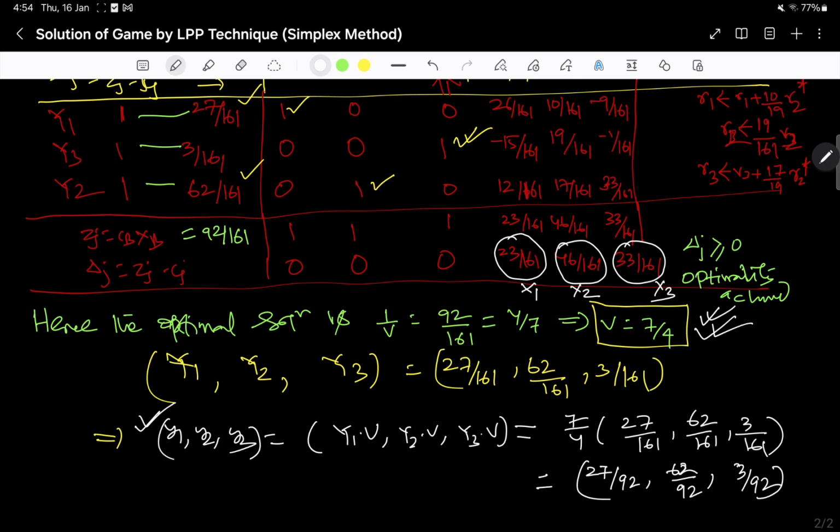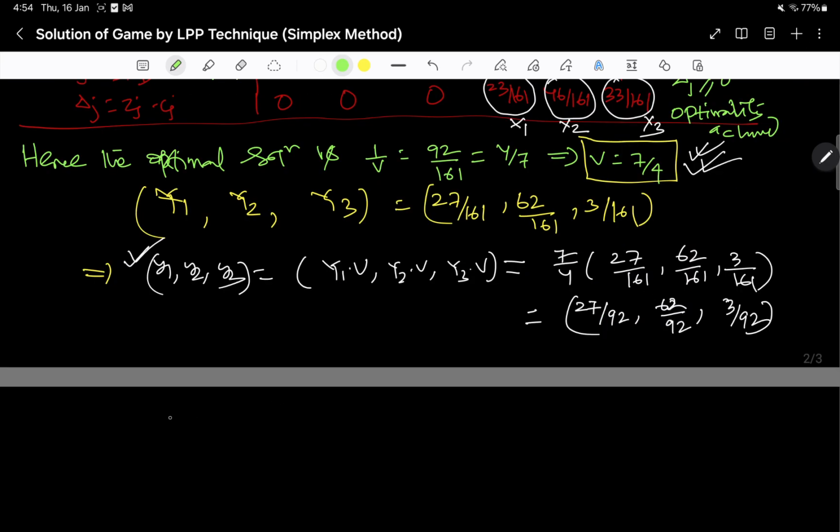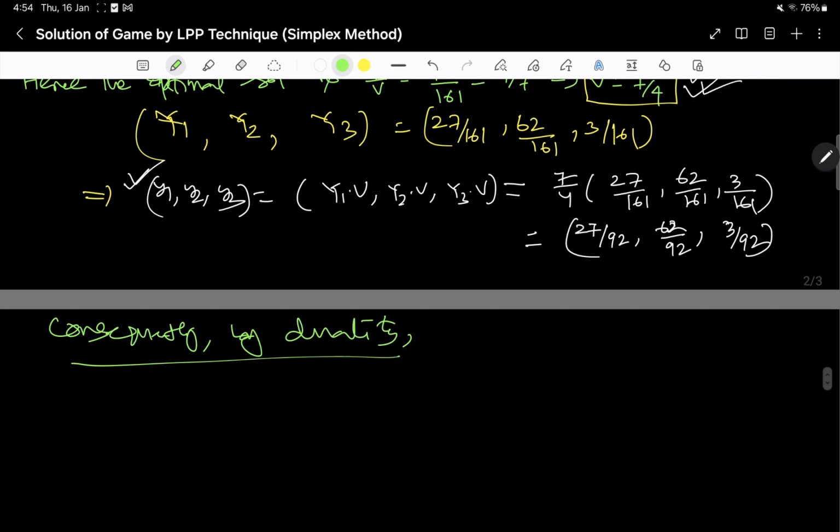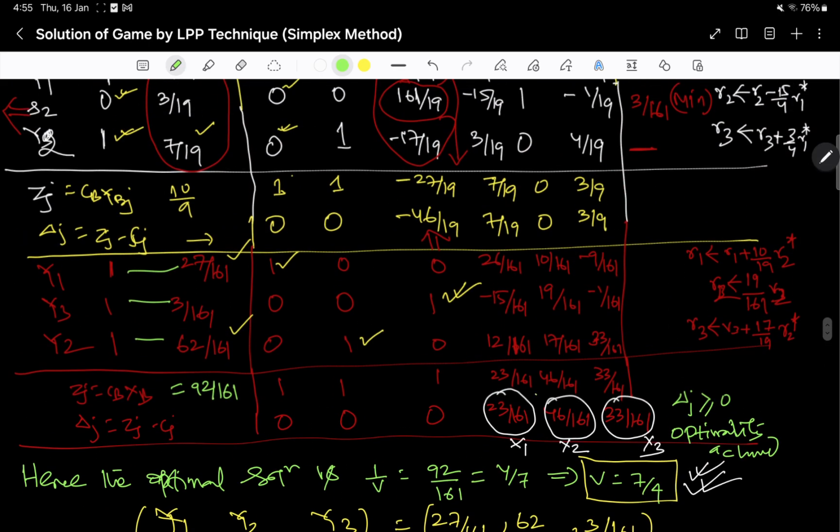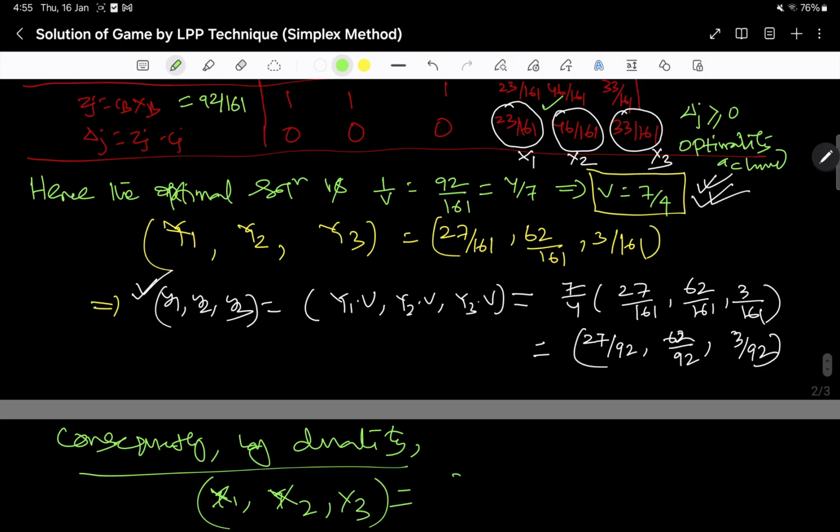Thus from A's point of view, consequently by duality, your x1, x2 and x3 will be equal to, here this value we calculate, 23 by 161, 46 by 161 and 33 by 161, with the value of the game remaining the same.